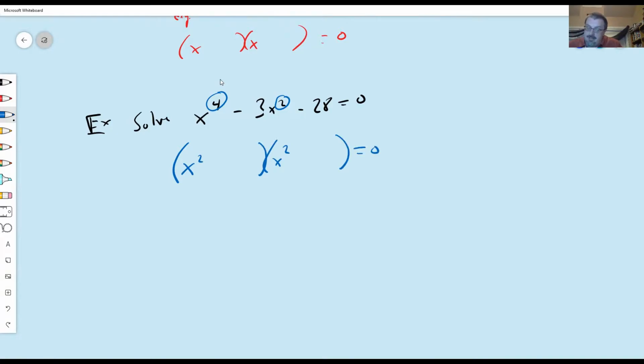Now if you start foiling, first term times first term gives me x to the 4th. And then I'm going to do x squared times whatever is over here, which will give me an x squared term, which will add up to give me the middle term here. All right.